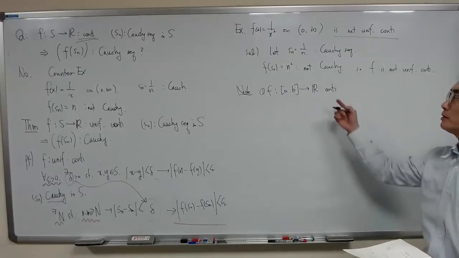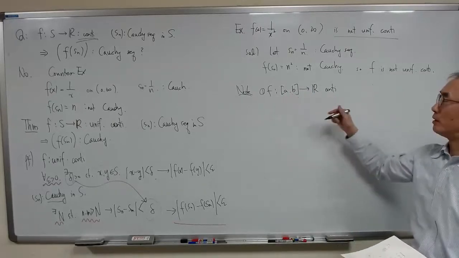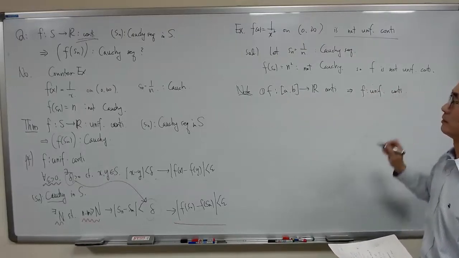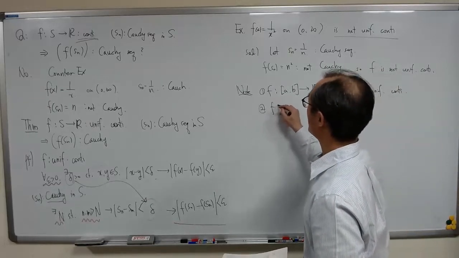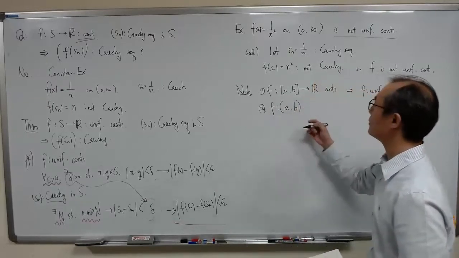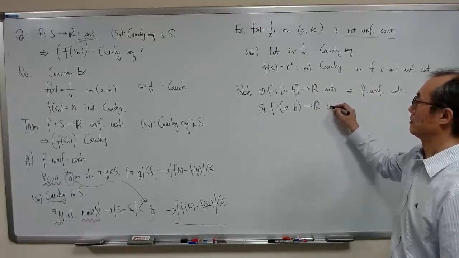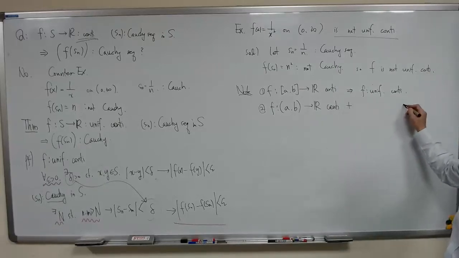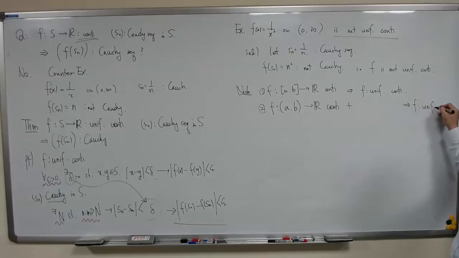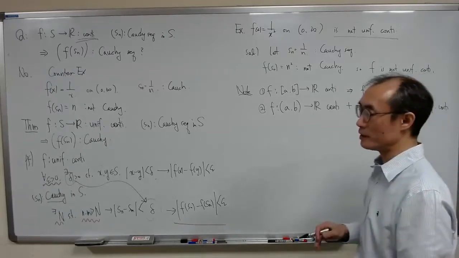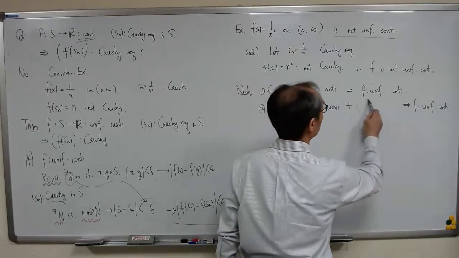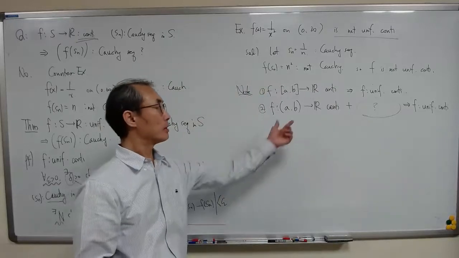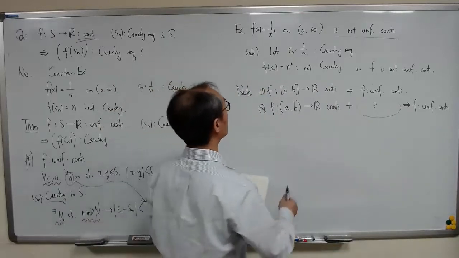If a continuous function defined on a closed and bounded interval turns out to be a uniformly continuous function automatically, then if the function is defined on an open interval and we know the continuity, this does not imply uniform continuity in general. We need some additional condition if the domain is an open interval, as we have seen.